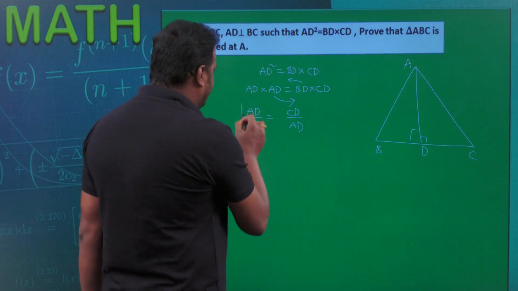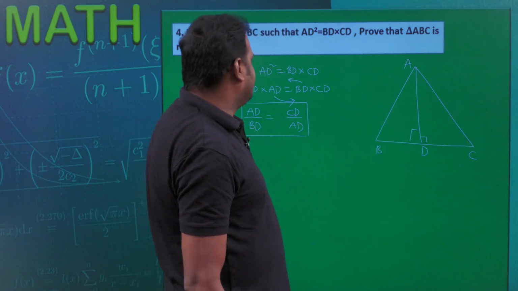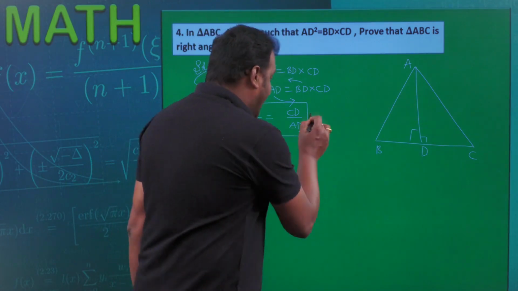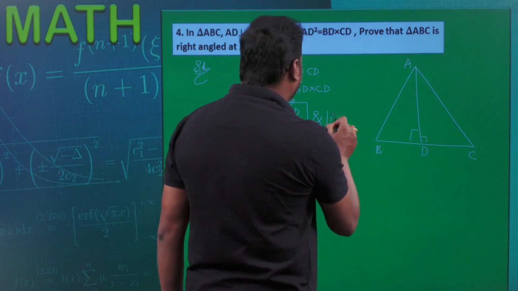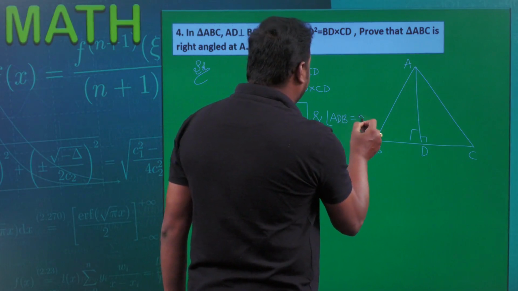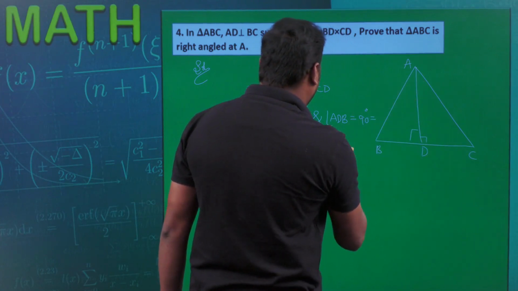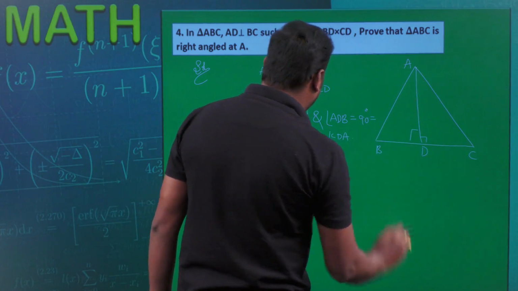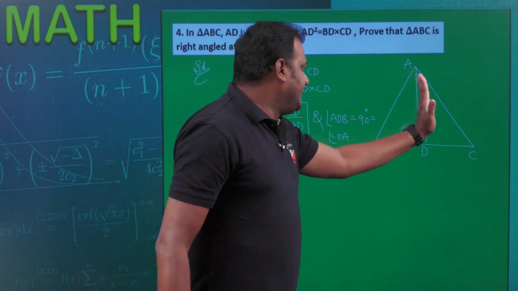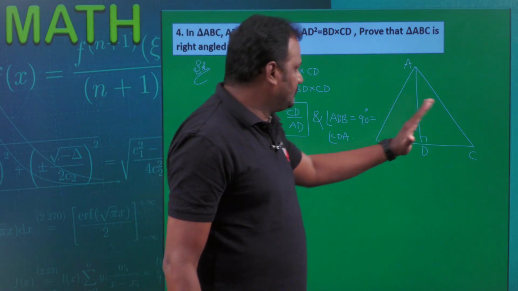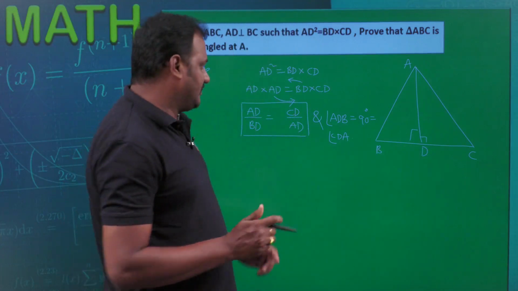Once you observe this, in these two triangles, angle ADB is equal to 90 degrees, which is also equal to angle CDA. Why did I write angle CDA? Because in these two triangles, AD by BD is equal to CD by AD, and the included angles are equal.